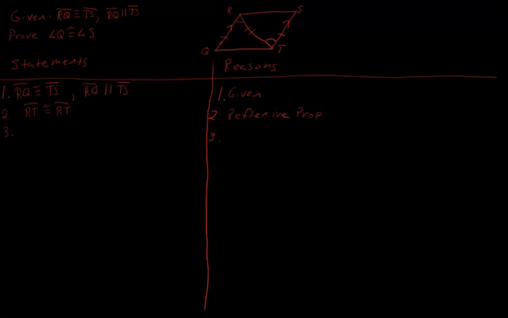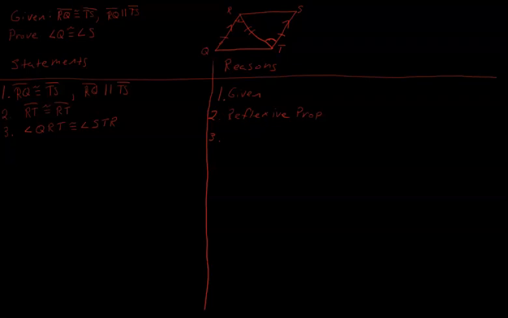We cannot just call it R, so we're going to call it QRT is congruent to angle STR. So QRT is the angle up here, and STR is the angle down here.